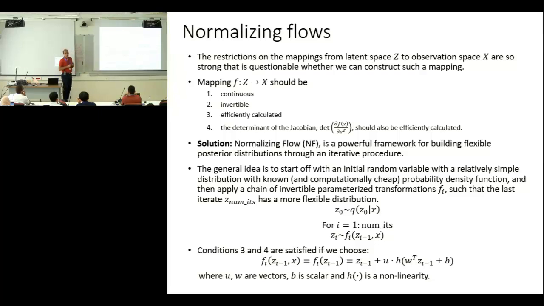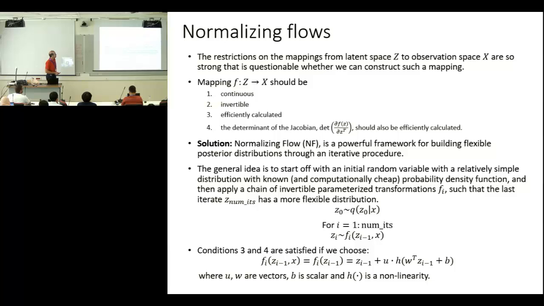If you have a matrix with these rows and these columns, and in order to calculate the derivative you need this kind of computation, this is prohibitive. You cannot have an efficient algorithm. So you must find a function where the Jacobian should be diagonal so that the determinant can be computed very quickly.